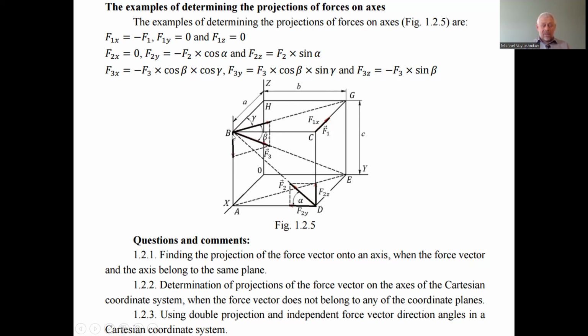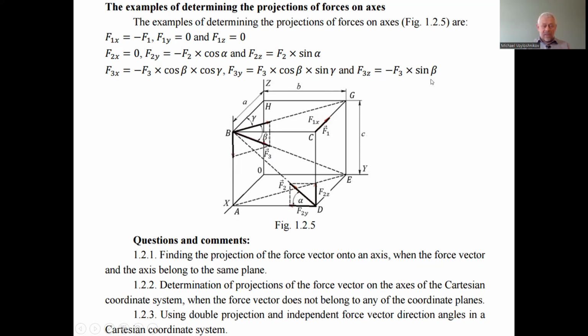This is understandable because if we decompose the force F3 into two components, the one in the horizontal plane is perpendicular to axis z, so its projection on this axis is zero. The other part of the decomposition, parallel to the axis, is in the opposite direction, so we use a minus: minus the magnitude of the force F3 by the sine of the angle beta, the vertical part of the decomposition, parallel to the axis z.